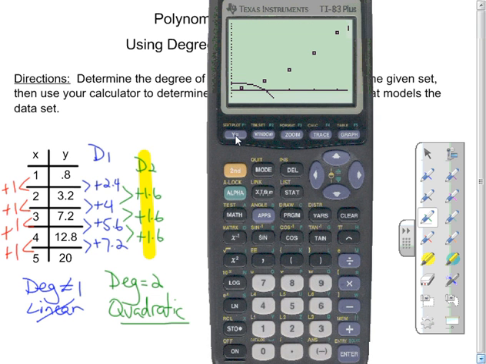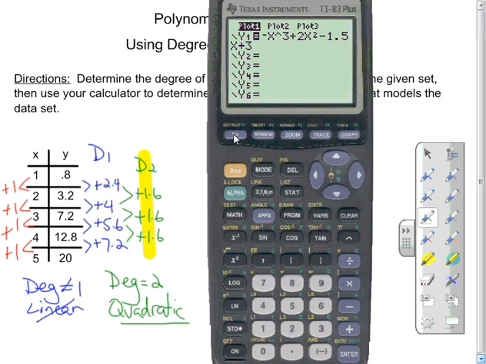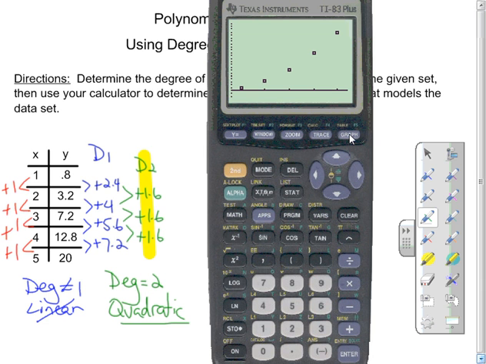Oh, I'm sorry. I had something in my calculator from a previous problem I just need to take out here, and I'll take that out. Okay? So I've got the graph of the data here. I can see that it's a soft curve, which is not a shock because it's quadratic, which means this is a piece of a parabola.